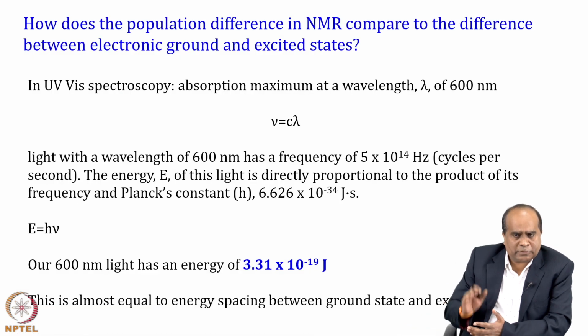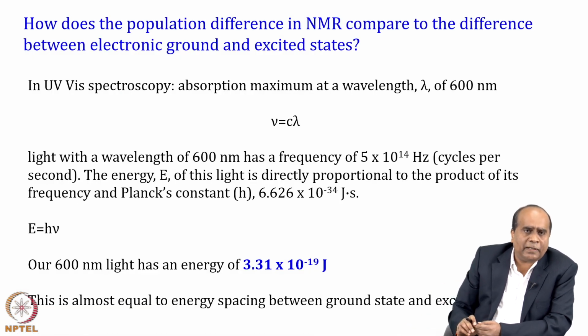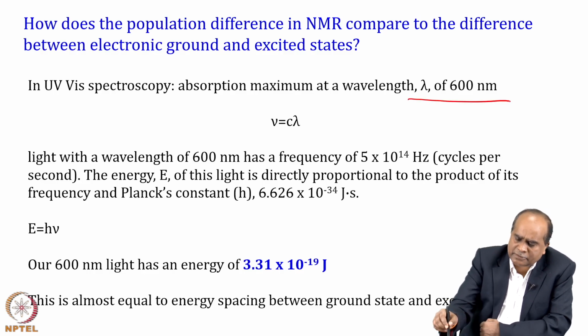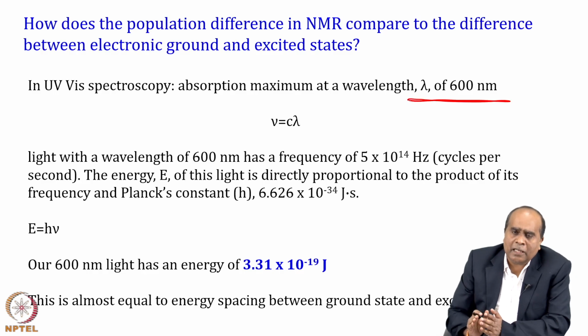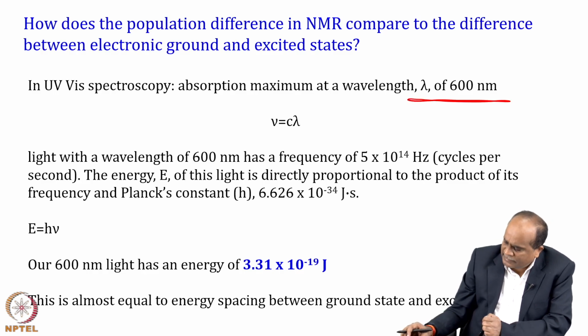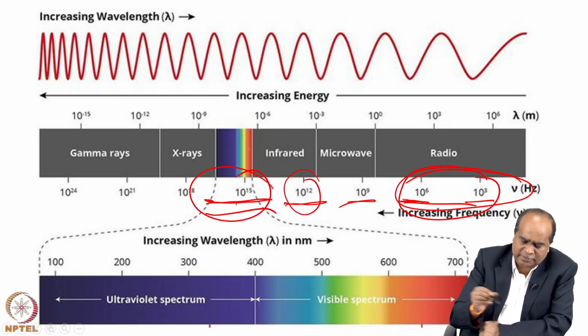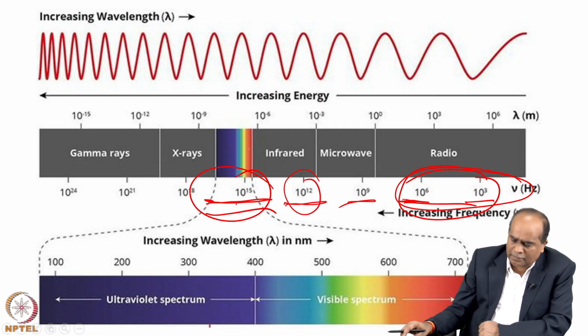So, to sum up everything we have discussed so far, how does the population difference in NMR compare with the difference between the electronic ground state and excited state? Say we are using a wavelength of 600 nanometer. Going back here, you can see this is in the UV-visible radiation region, and for NMR you require the radio frequency level, so 10 to the power 6 or 10 to the power 15.